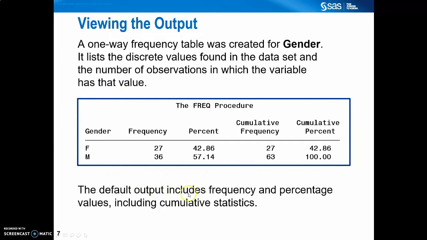The default output includes frequency and percentage values, including cumulative statistics. So the information includes the name of the variable that we state in the TABLES statement, followed by the frequency, then the percent, the cumulative frequency, and the last is the cumulative percent.